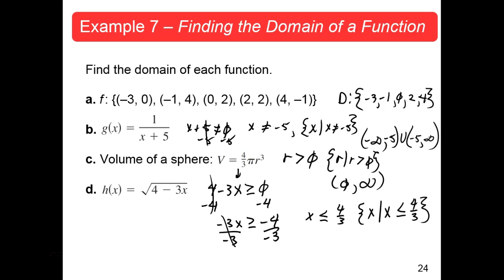What would that be? Negative infinity, because this is anything less than 4/3. Comma, 4/3.